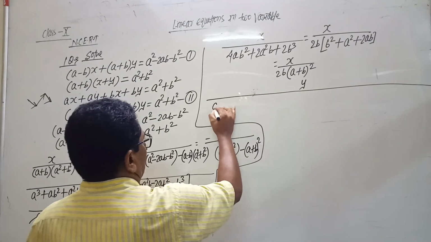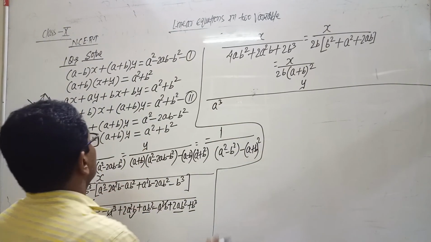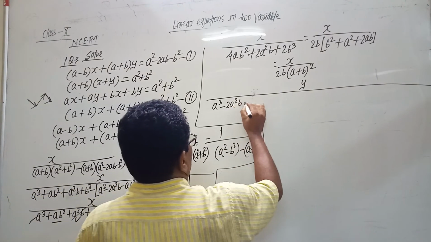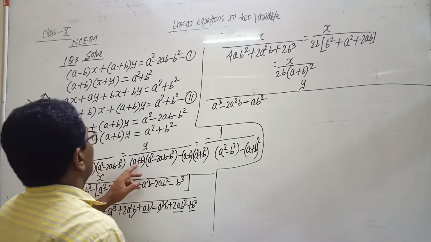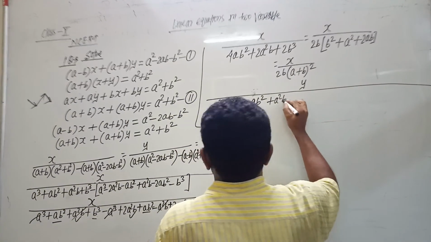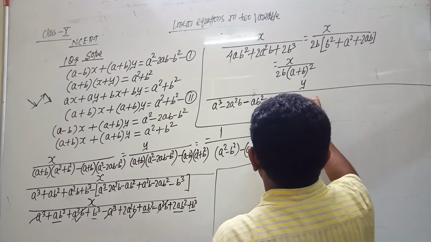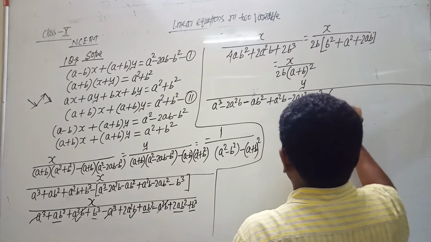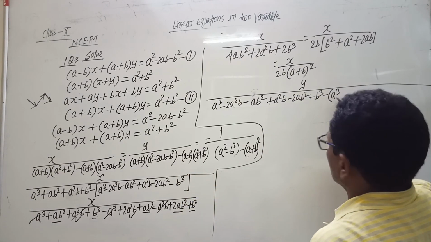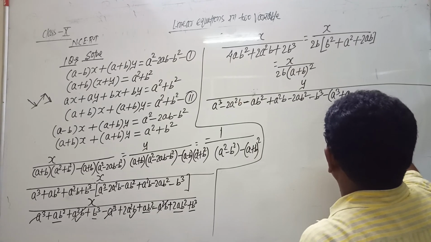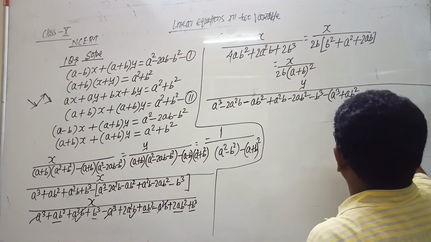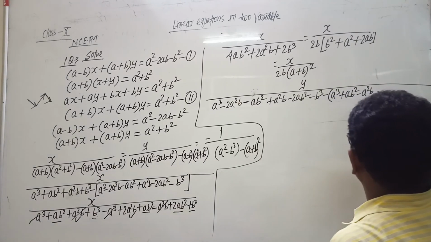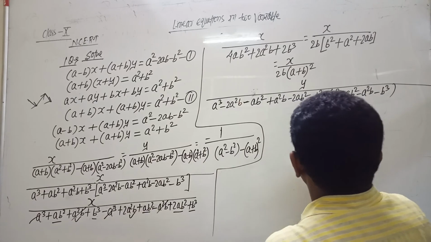So a into a square, a cube plus minus minus 2a square b, then a multiplied by minus b square, this is minus ab square, plus b multiplied by a square b, then minus 2ab square, then minus b cube, and minus a multiplied by a square, a cube, a multiplied by b square, ab square, minus b multiplied by a square, minus a square b, and minus b multiplied by b square, minus b cube.